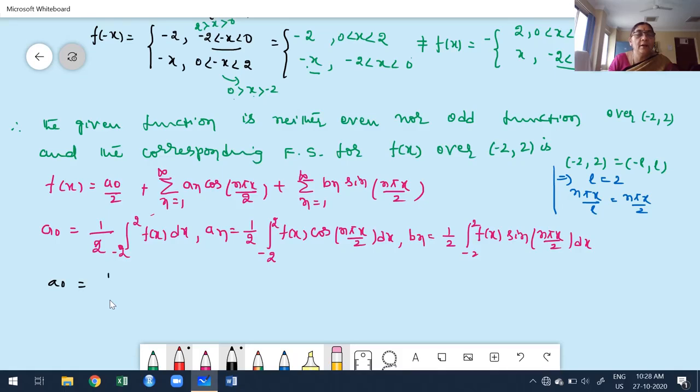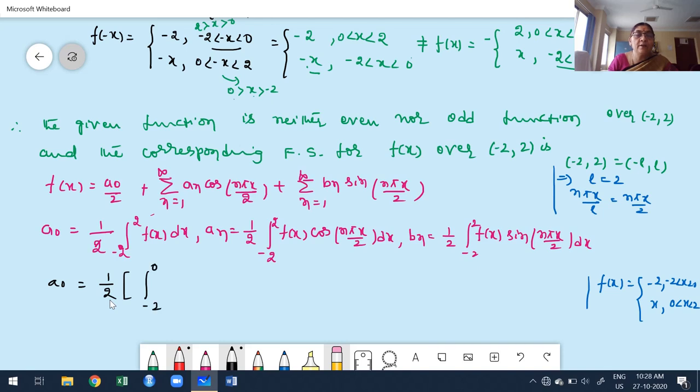You can't find a naught directly because of my function. What's the function given here? f of x is minus 2 for minus 2 to 0, and x for 0 to 2. This is my function. First I have to split the integral. How to split?